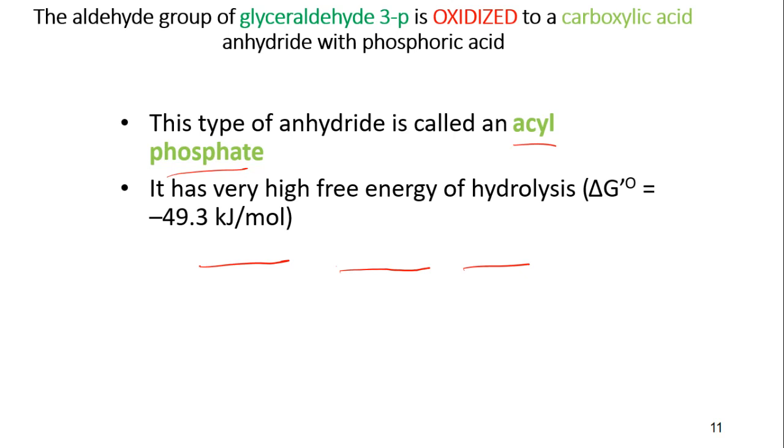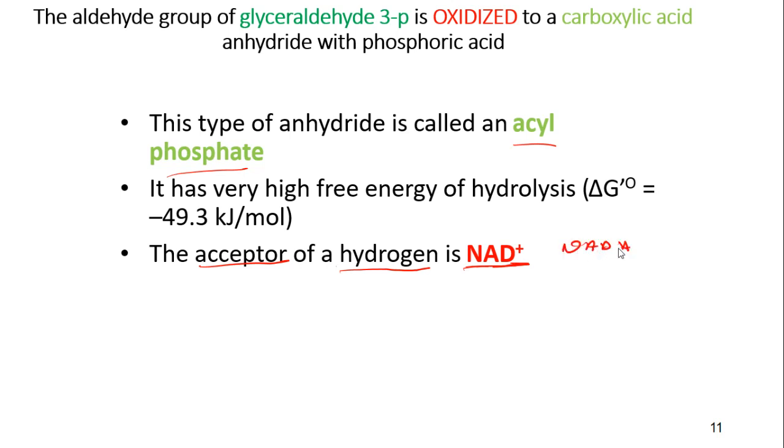Now, since this guy is acting as an acceptor, the hydride ion is normally transferred to NAD+, and this NAD+ will become what? NADH.